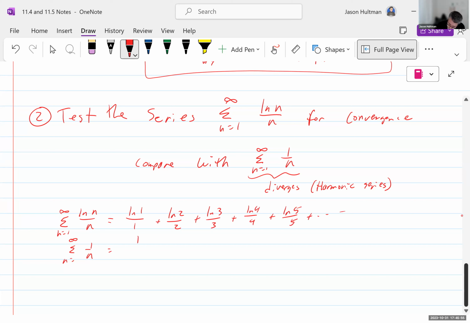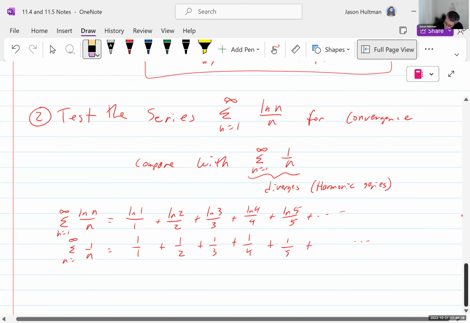This is going to be 1 over 1 plus 1 over 2 plus 1 over 3 plus 1 over 4 plus 1 over 5 plus 1 over 6 plus dot dot dot. Now, if I look at this initially, this doesn't go the right direction.